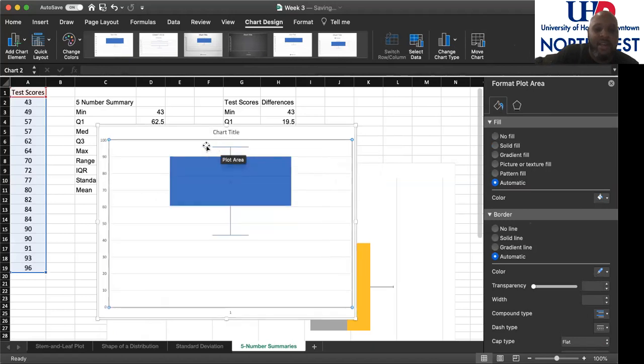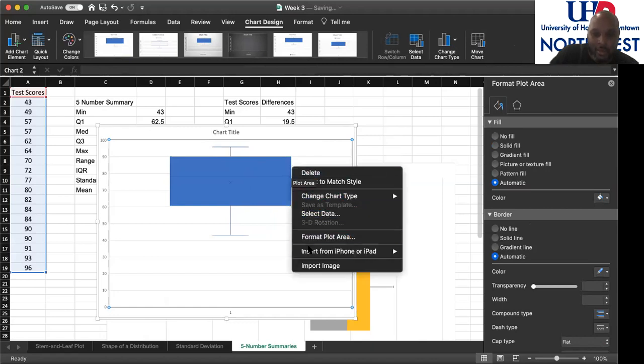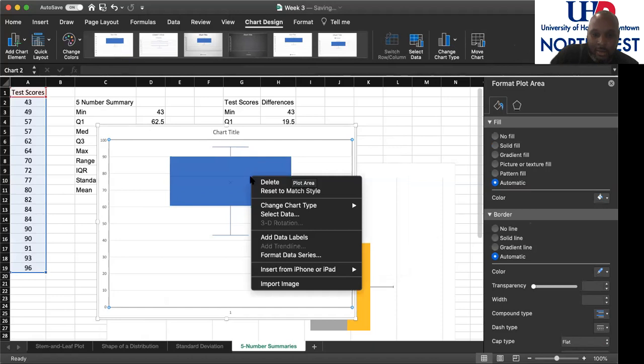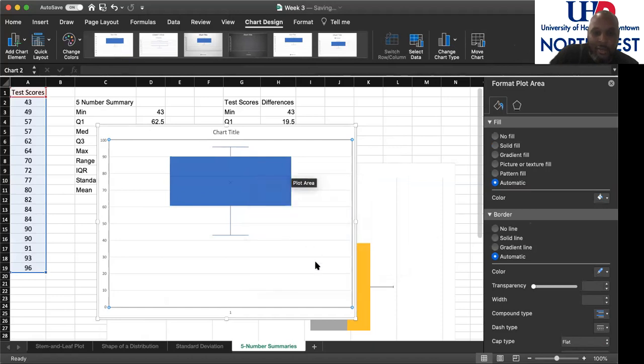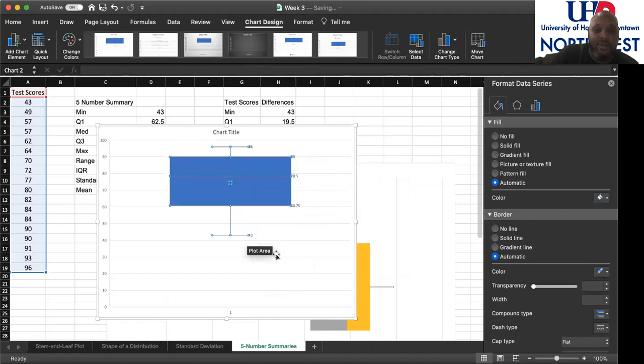And it has those values at about, if you label, I can label these values actually. Add data labels. You can actually see that's at 96, that's at 90, 78.5, 60.75, 43. You can actually see that on there.